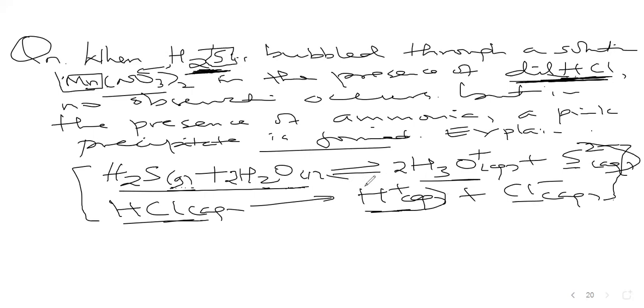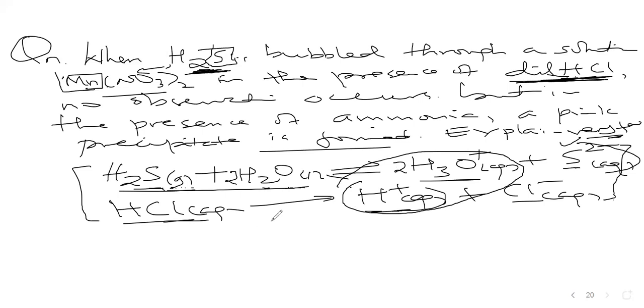The high concentration of hydrogen ions from hydrochloric acid suppresses the ionization of hydrogen sulfide, which in turn gives us very few sulfide ions.